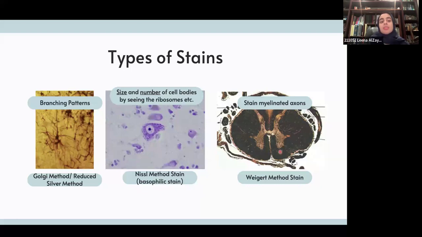So as we can see, this is a section of the spinal cord, and the color black over here is all just a bunch of axons and fibers passing through the spinal cord, while the middle, this butterfly shape, is all gray matter, and it's basically cell bodies that aren't myelinated, so they don't absorb the stain of the Weigert's method.